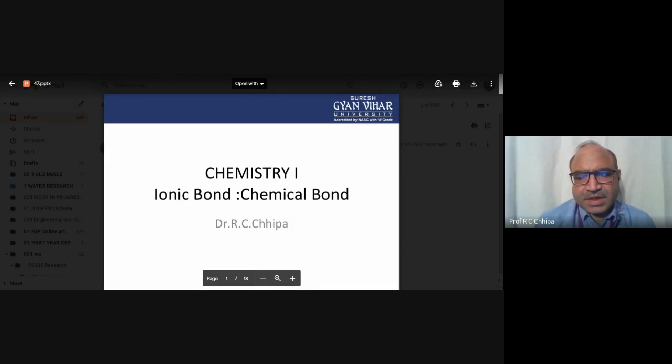We have to see the arrangement of those elements in a systematic order, the periodicity, and the periodic table. The periodic table is the specific arrangement of different elements in order of their atomic number.